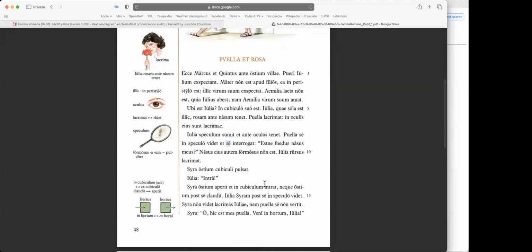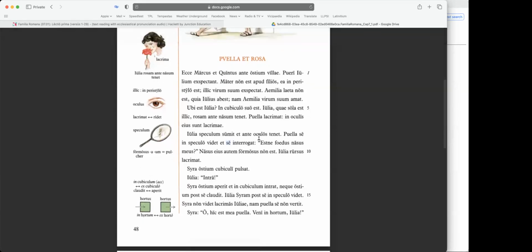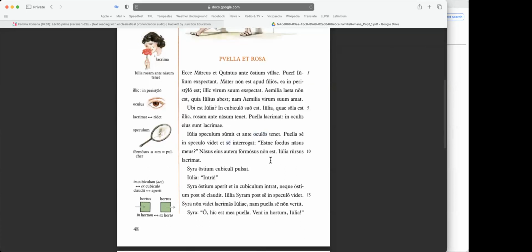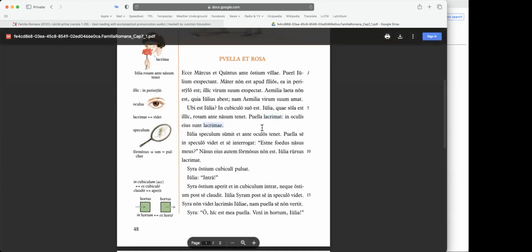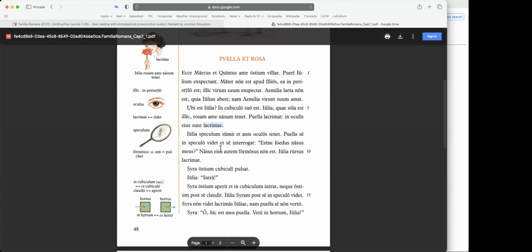So I do have some questions about that paragraph. Sure. So first, the difference between lacrimare and plorare. I'm guessing plorare is to cry out, and lacrimare is like crying with tears. Would that be correct? Or are they just pure synonyms? There's lacrimat, which is the verb, and lacrimae, which is the noun, tears. What am I missing here?